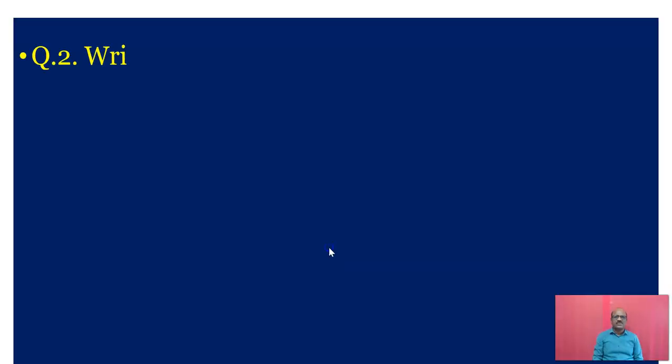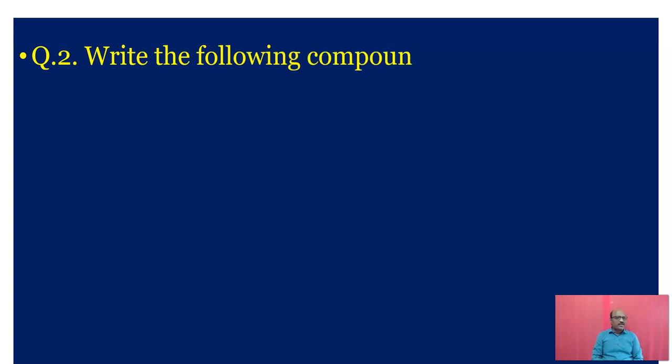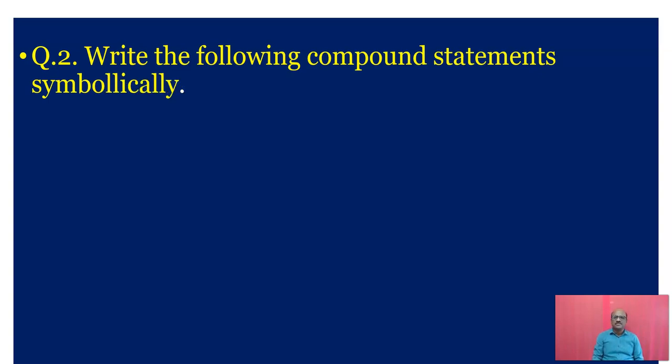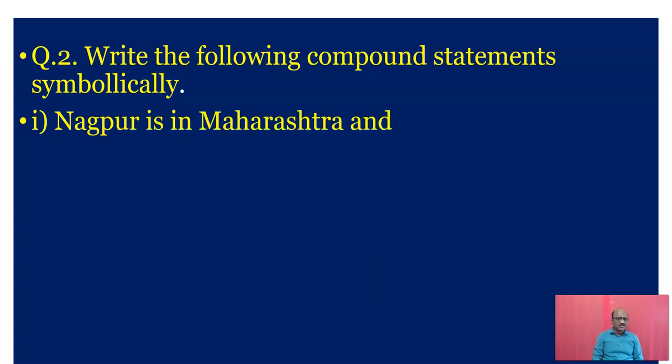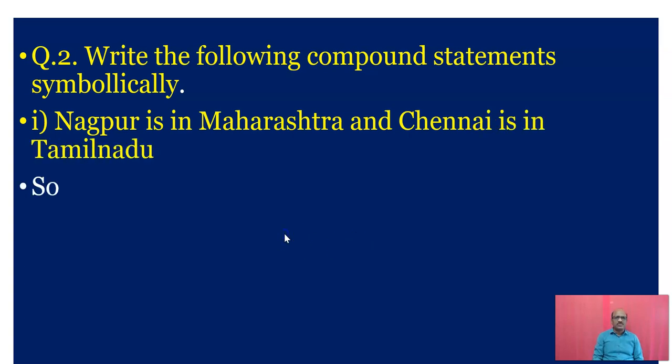Next is question number 2. Write the following compound statements symbolically. The first is Nagpur is in Maharashtra and Chennai is in Tamil Nadu.